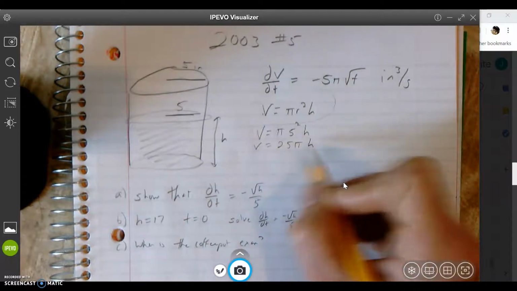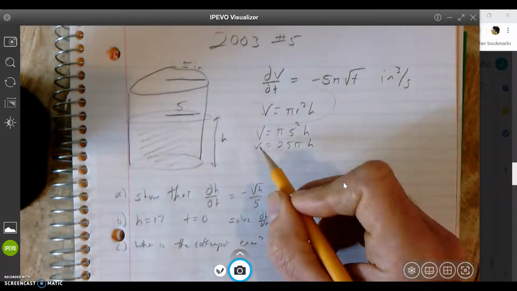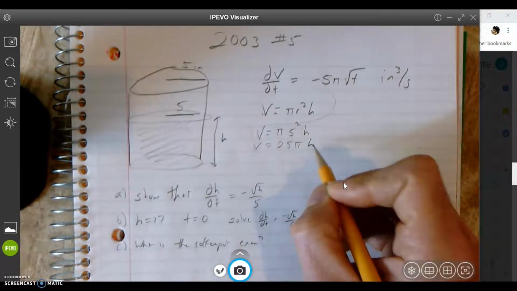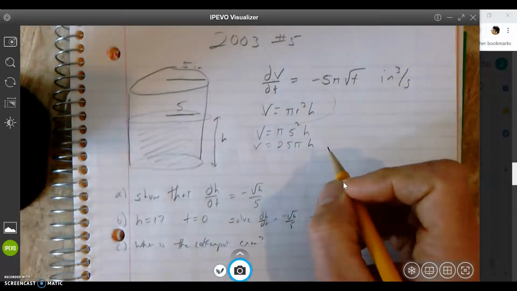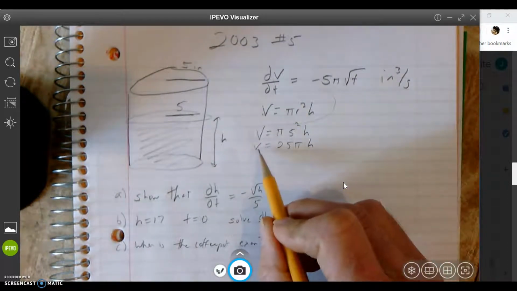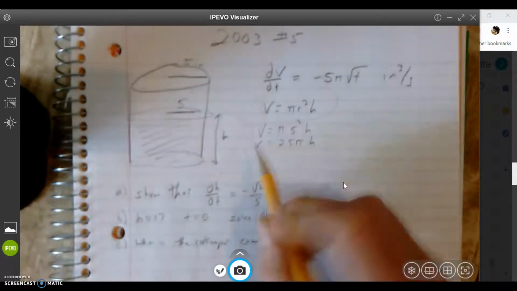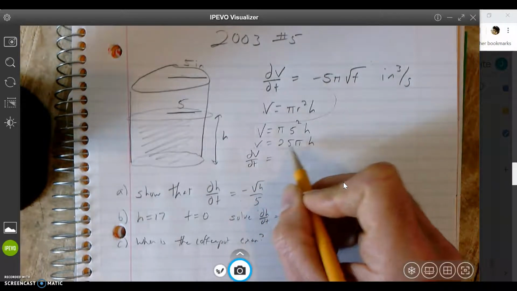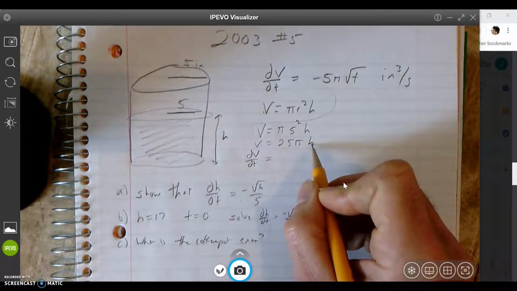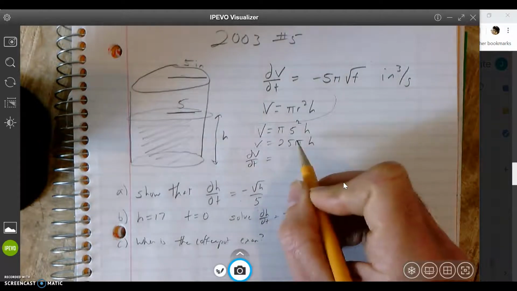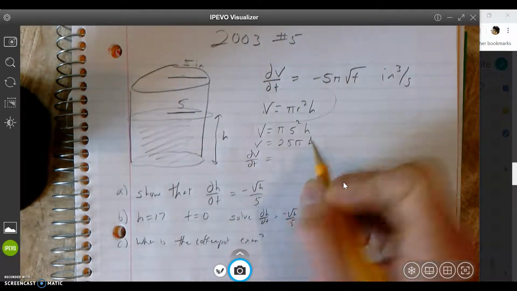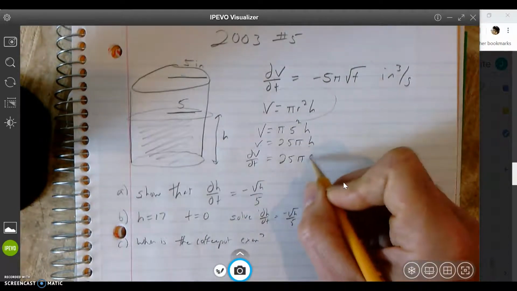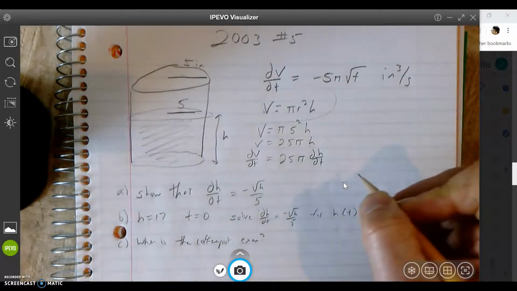Now when I find the derivative of this in terms of time, the rate of change in terms of time, I only have 2 variables, and I know I'm going to get dH/dt. So we're going to be good. The derivative of V is dV/dt. The derivative of 25 pi h is just 25 pi, times the derivative of the inside, the derivative of h, which is dH/dt.